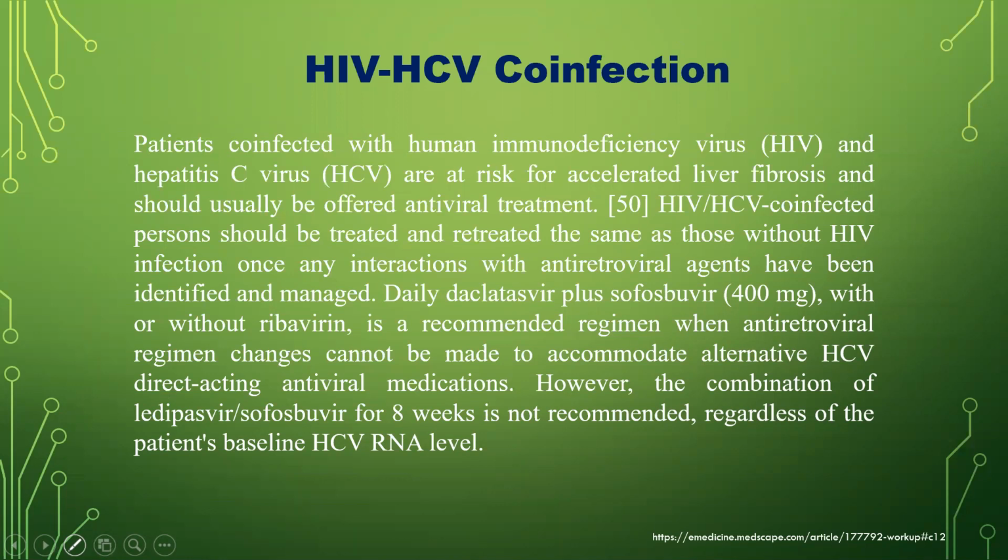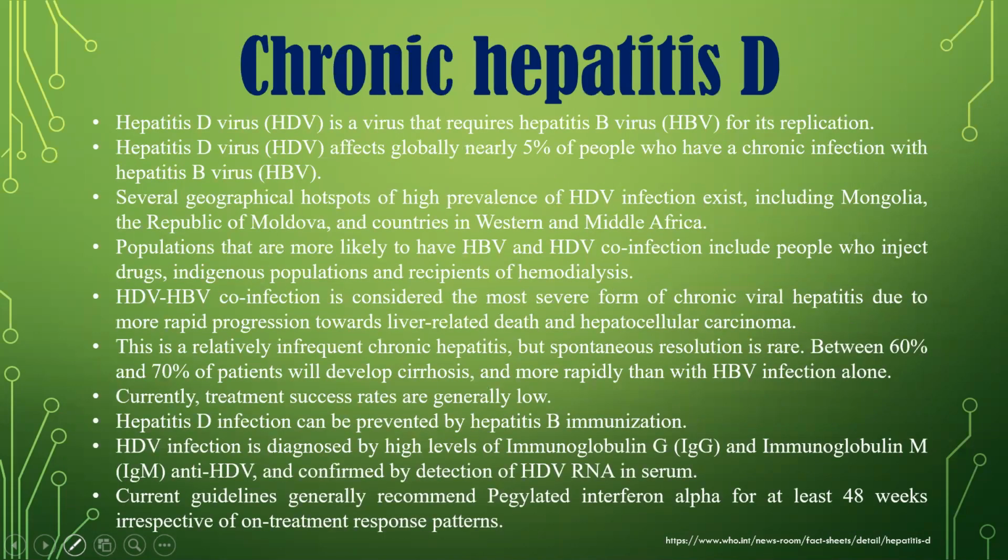Daclatasvir plus sofosbuvir with or without ribavirin is the recommended regimen when an antiretroviral regimen change can be made to accommodate alternative hepatitis C direct-acting antiviral medication. However, the combination of ledipasvir with sofosbuvir for 8 weeks is not recommended regardless of the patient's baseline RNA levels.